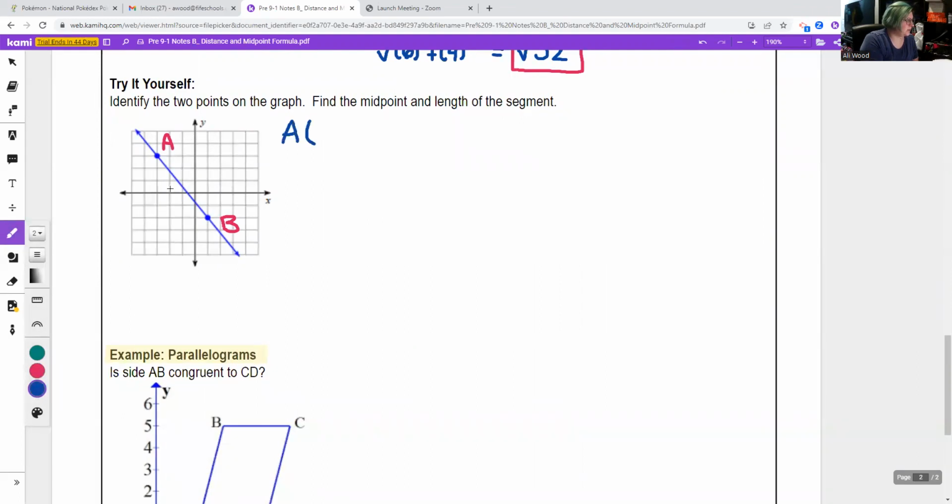Then we're going to identify them. So A is at -3, 3. And B is at positive 1, negative 2. We're going to do the exact same thing, midpoint and distance. So the midpoint, negative 3 plus 1 over 2. 3 plus negative 2 over 2.